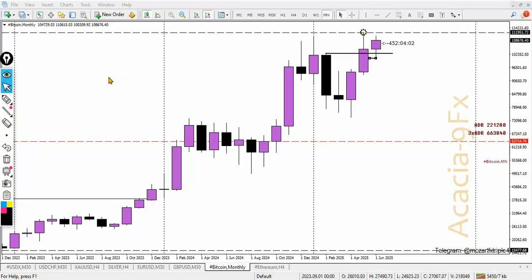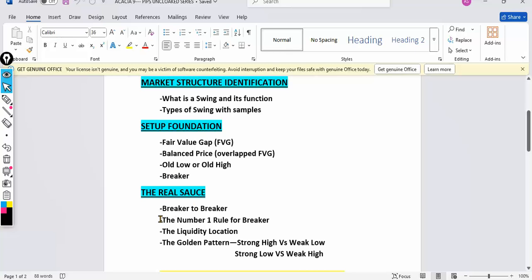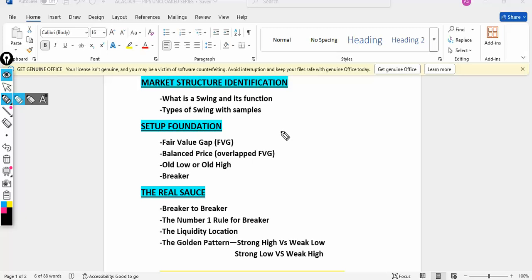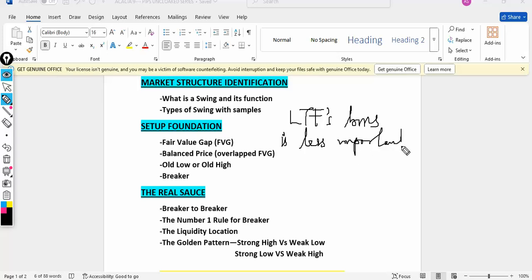So the real rule that I want you to follow, or that you must follow, is that the break of market structure that you see on lower time frame, BMS, breaker, let me use that word, BMS, that's the break of market structure, is less important to higher time frame PDRA.